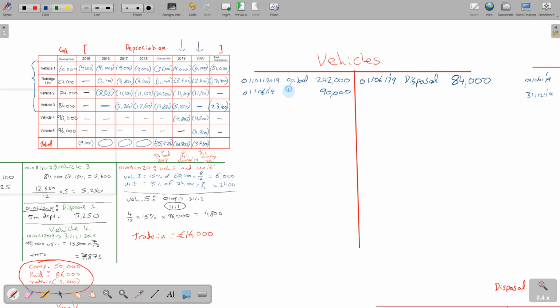And this is going to be made up of bank plus my allowance or my trade-in. So if we balance it, 332,000.